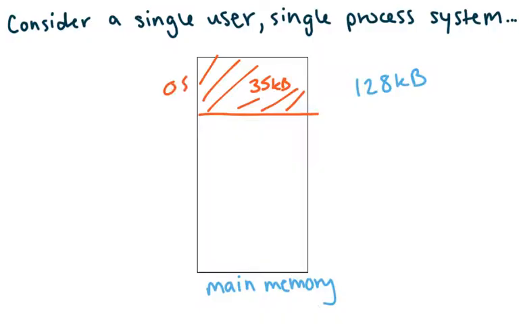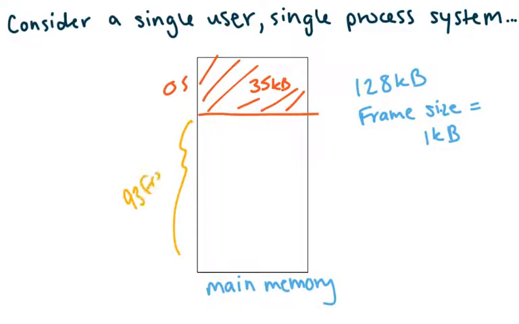So no processes can put anything in memory there because it's being used by the OS. This is assuming a frame size of 1 kilobyte. So this leaves 93 free frames.